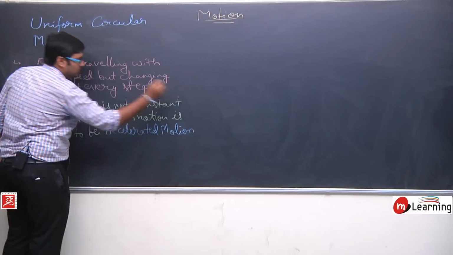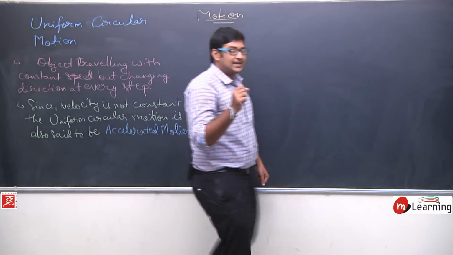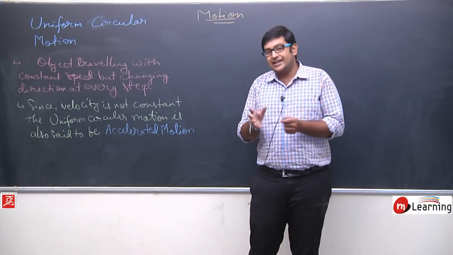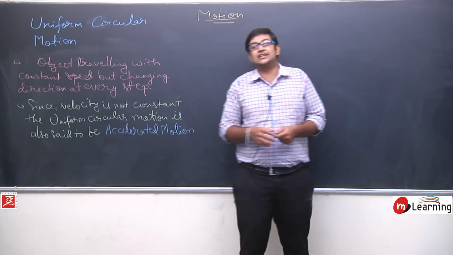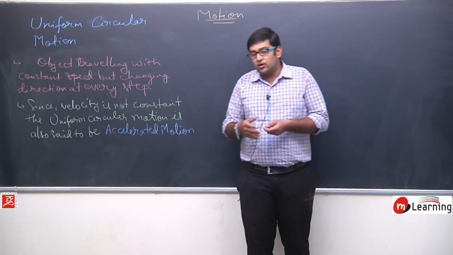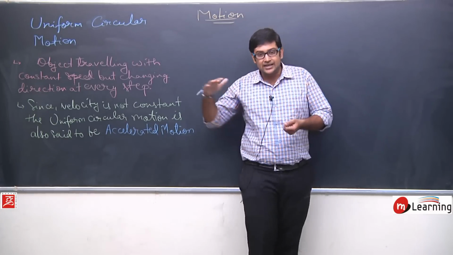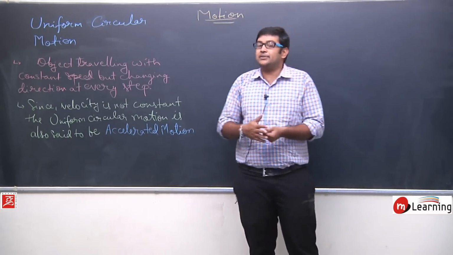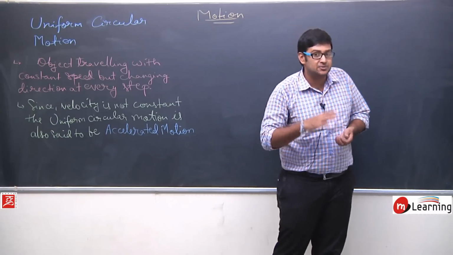Now why is the acceleration arising here? It's because there is a change in direction. Since the direction is changing, we say there is an acceleration, even though we know that speed is constant. Till now, what we studied is that acceleration means increasing velocity, that is speed is increasing, or deceleration means decreasing velocity or decreasing speed.